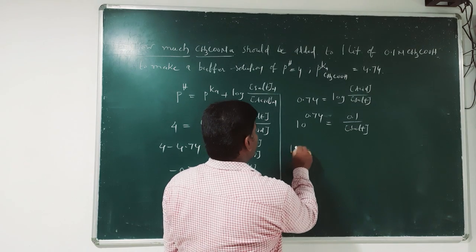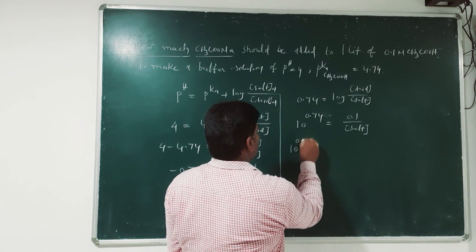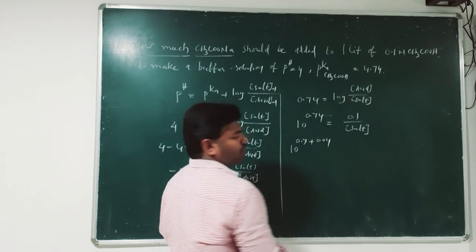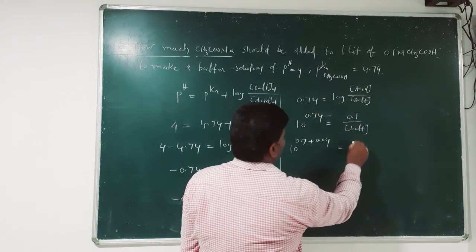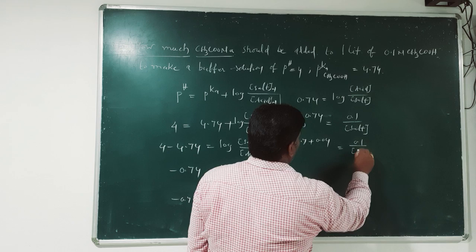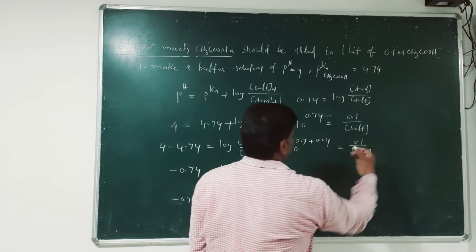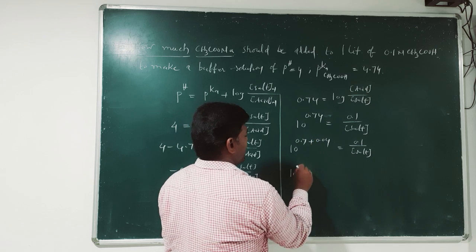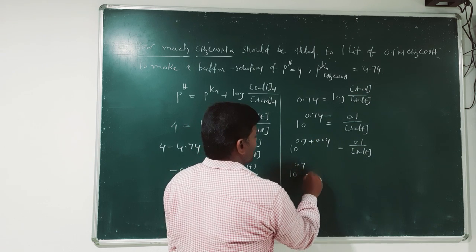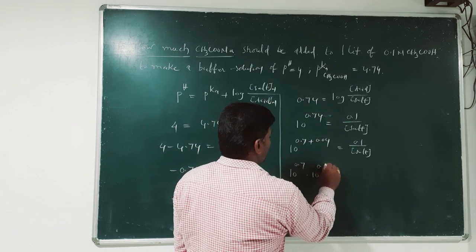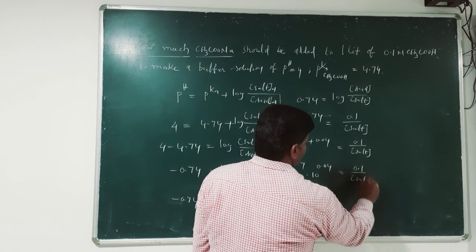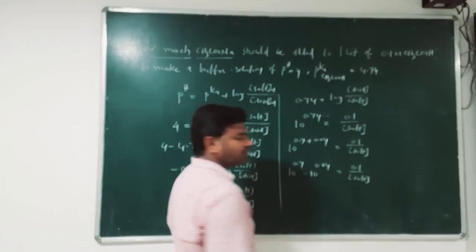It can be written as 0.7 plus 0.04, so it is equal to 0.1 by concentration of salt. In the form of m plus n, that is 10 power 0.7 into 10 power 0.04 is equal to 0.1 by concentration of salt.